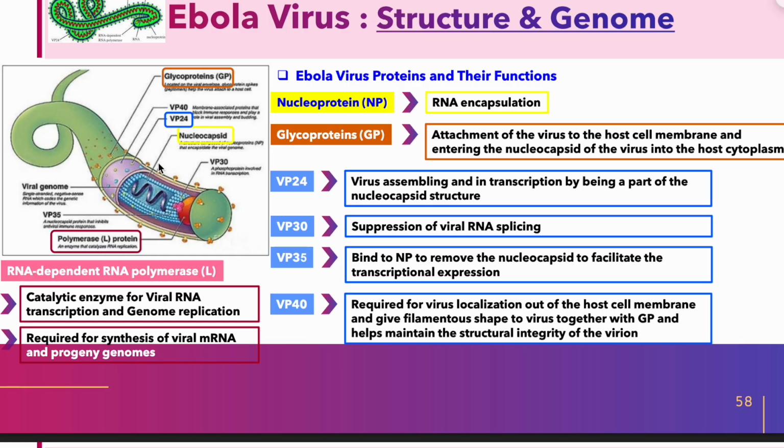It helps the virus go out of the host cell membrane and maintain the filamentous shape. Okay, and L is the RNA-dependent RNA polymerase. This one is very important for this virus, as it is the enzyme that helps the virus with transcription and genome replication.